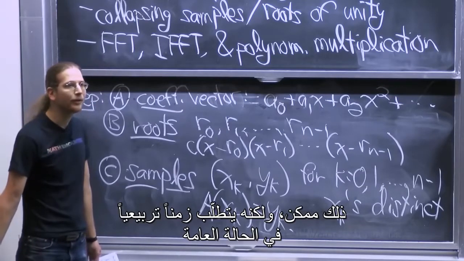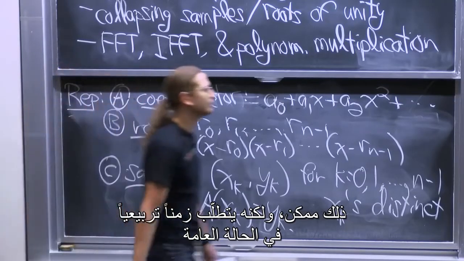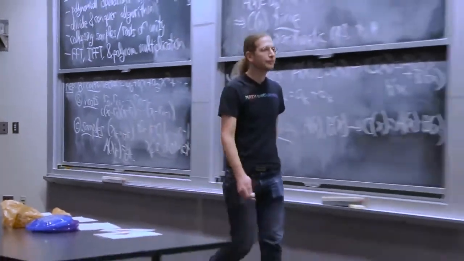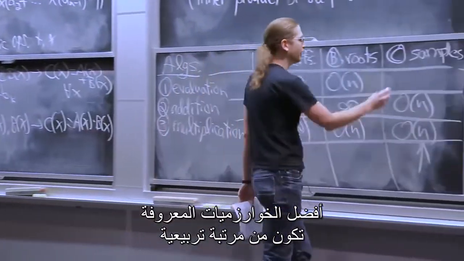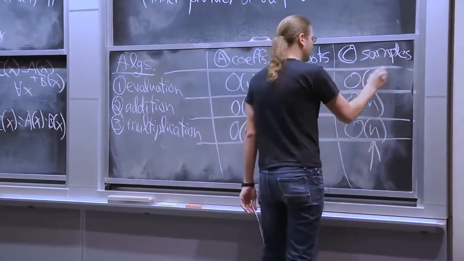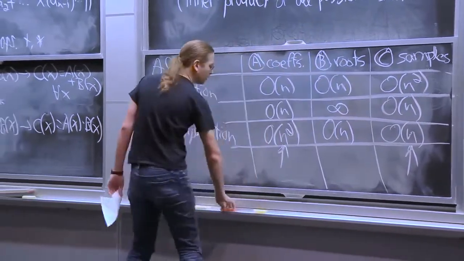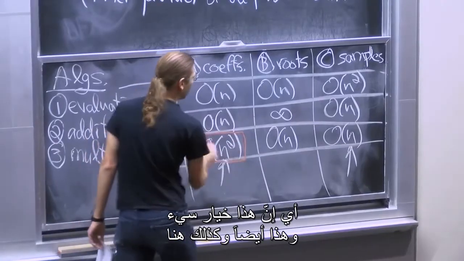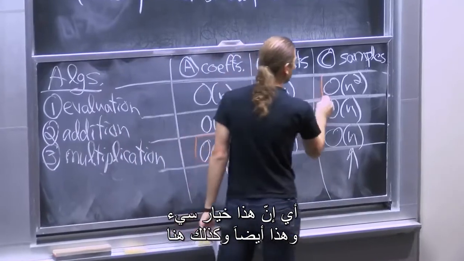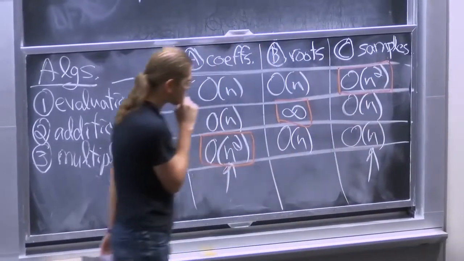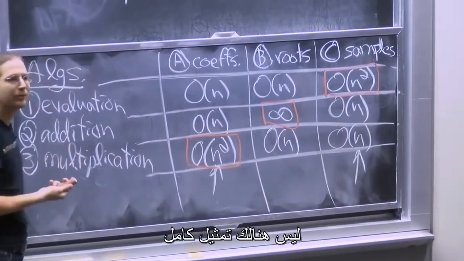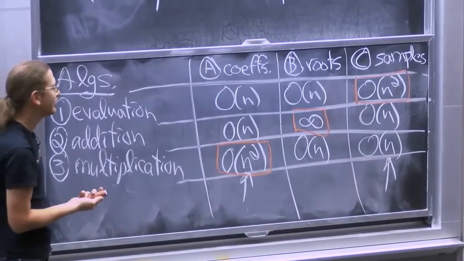You can do it, but it takes quadratic time in general. Best known algorithms are quadratic. So this is bad, and this is bad. So no representation is perfect. Life sucks.